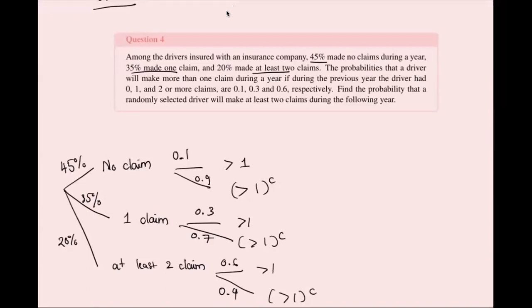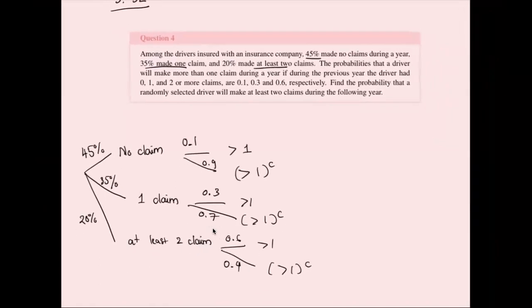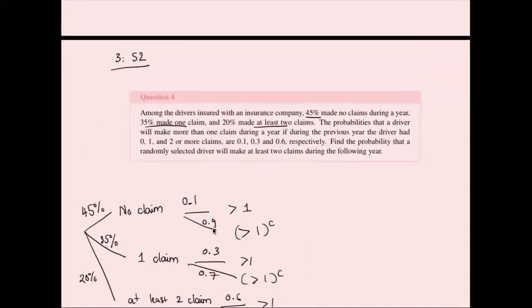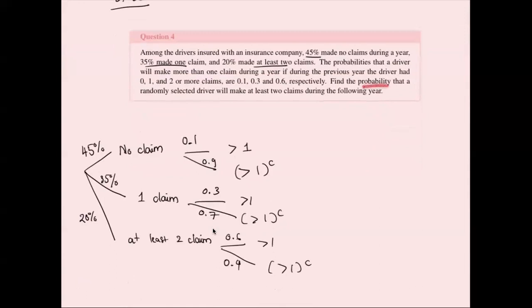Any question about my tree diagram? If not, then I will move on to answering the question. We are interested in finding the probability that a randomly selected driver will make at least two claims. At least two claims is the same as more than one claim during the following year.